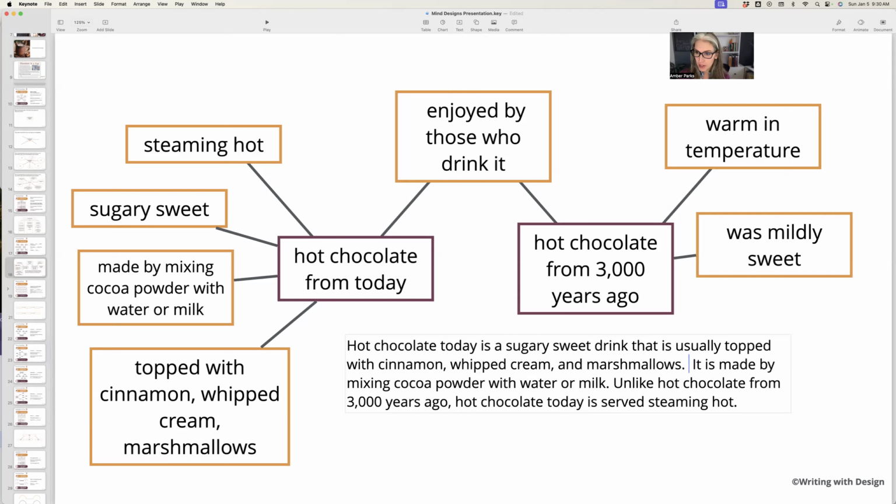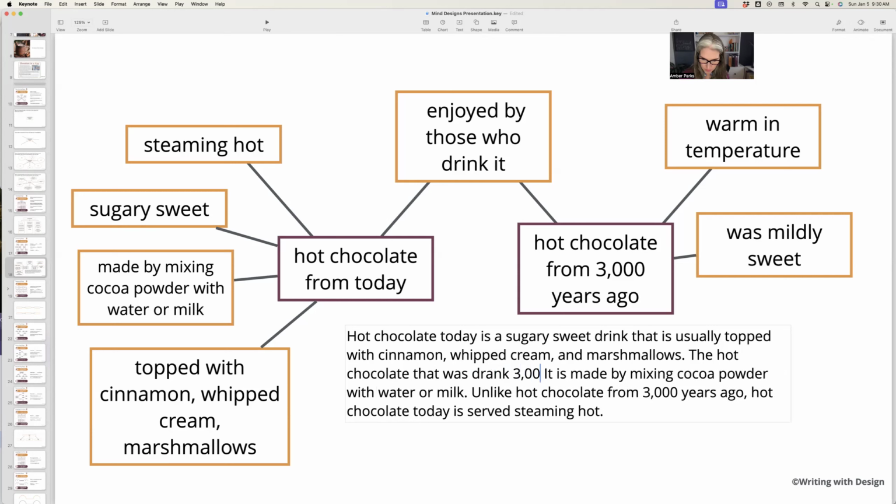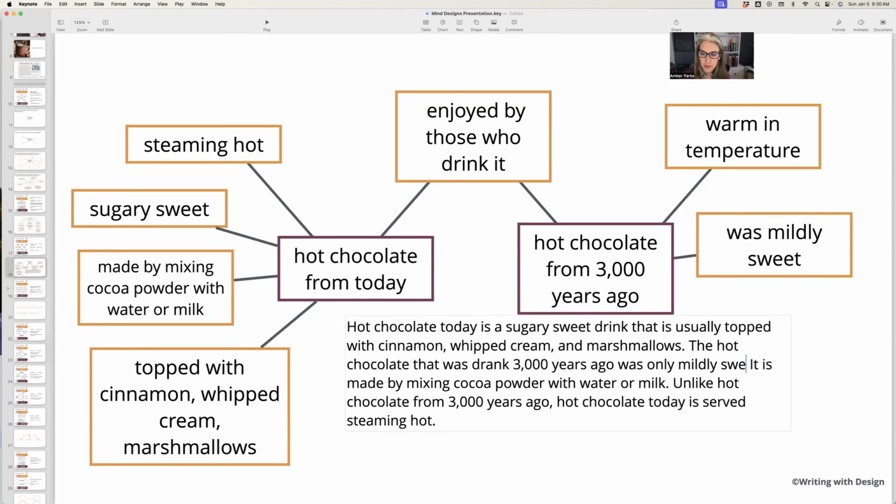Oh, and I could come back up here to bring in the mildly sweet. So hot chocolate today is a sugary sweet drink that is usually topped with cinnamon, whipped cream, and marshmallows. The hot chocolate that was drank 3,000 years ago was only mildly sweet.